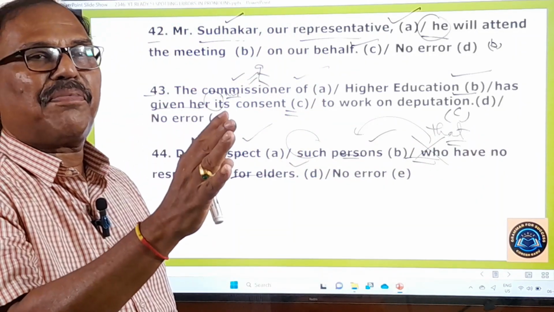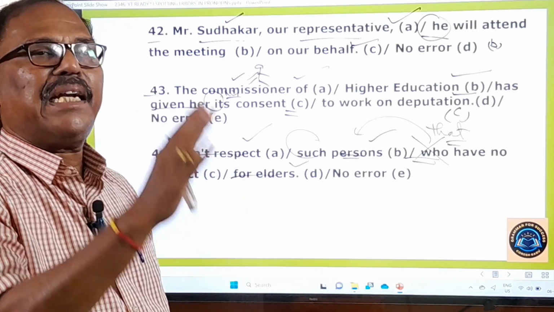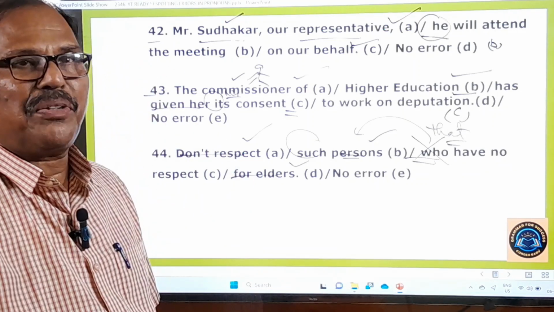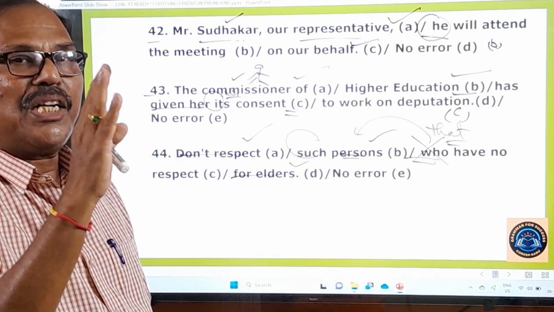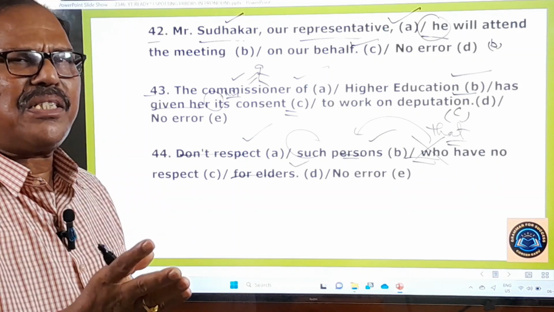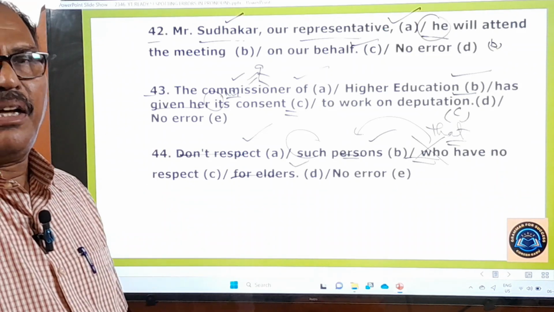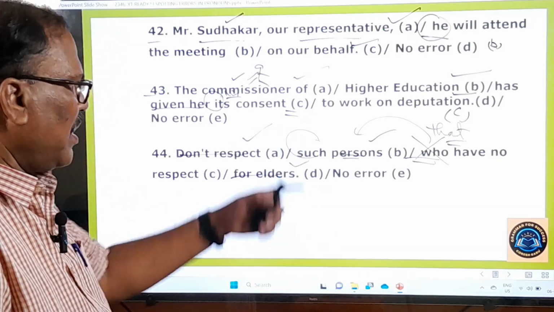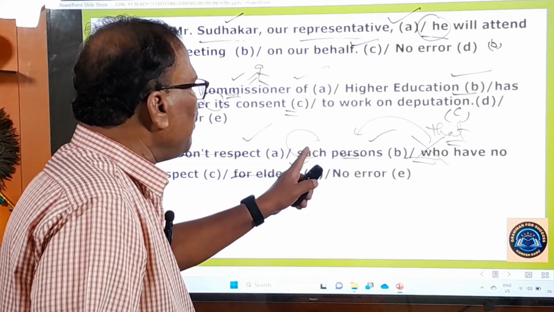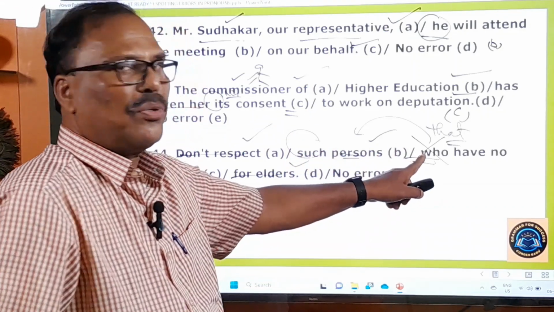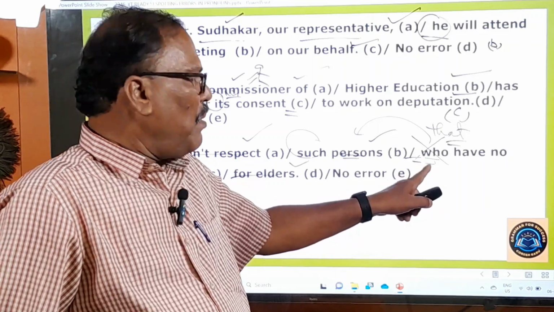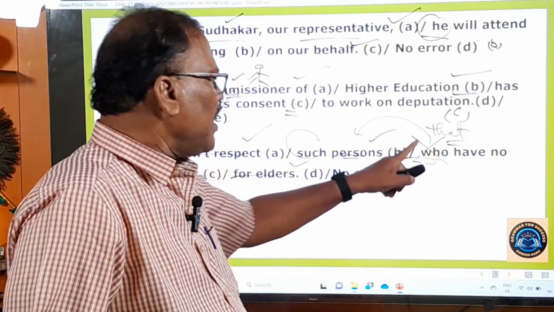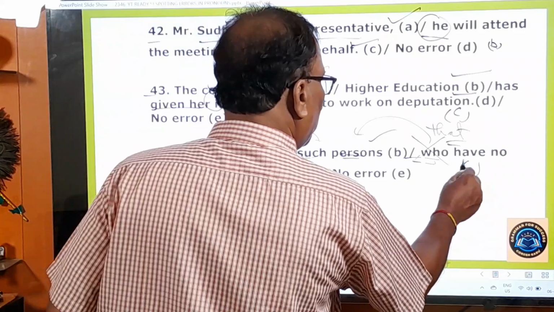About the use of the relative pronouns "that" and "which," please watch that video, "The use of relative pronouns that and which." Very, very interesting, very, very important things I have dealt with in that video. Please watch that. So when the antecedent begins with "such," you should not use "who," but "that." Here it is missing. That's why this C part is a mistake, right?